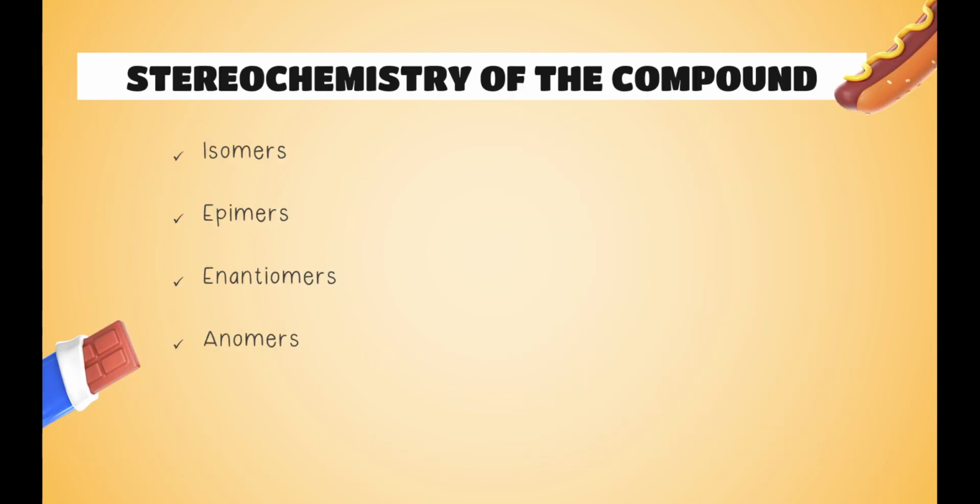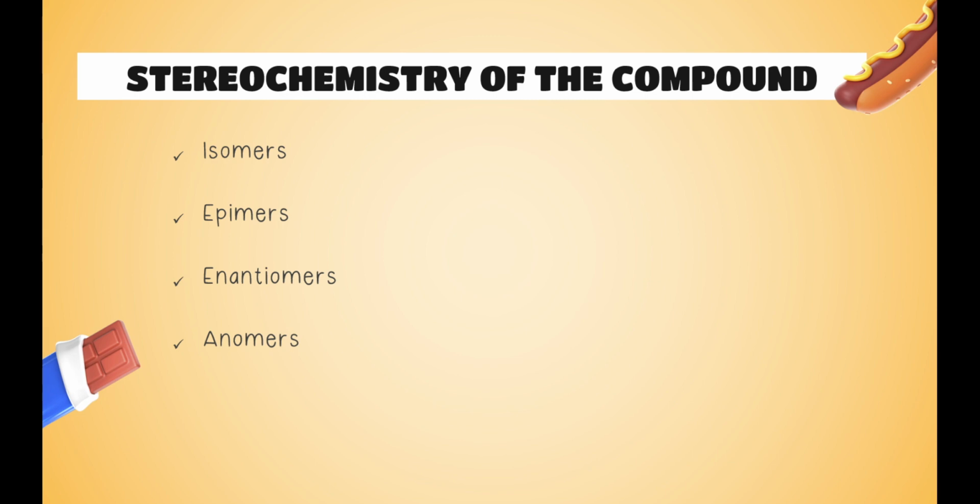Now we proceed with the stereochemistry. So we have here four: your isomers, your epimers, your enantiomers, and your anomers. When we say stereochemistry, we are just actually looking at the spatial arrangement of your atoms. Or basically, we are just looking at the arrangement.